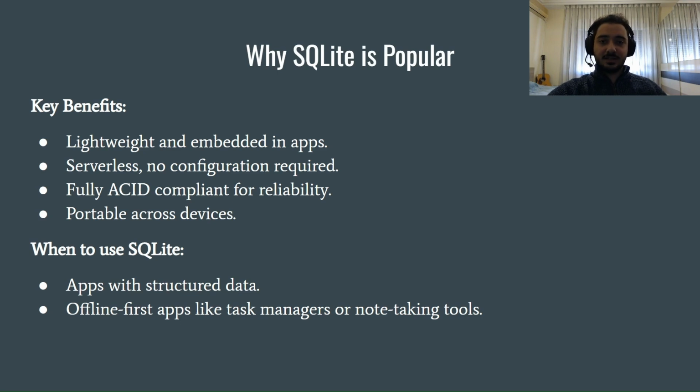One of SQLite's key features is its ACID compliance. I honestly did not know what ACID was before making this video, so I'm gonna take a little bit to just talk about what ACID is.